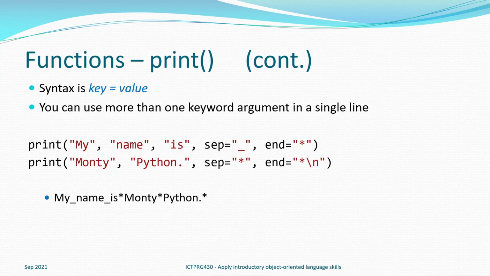So again, we're changing the separation and ending of the first print statement, which will force the second one to continue on the same line, and then create a new line at the end of the second print statement.